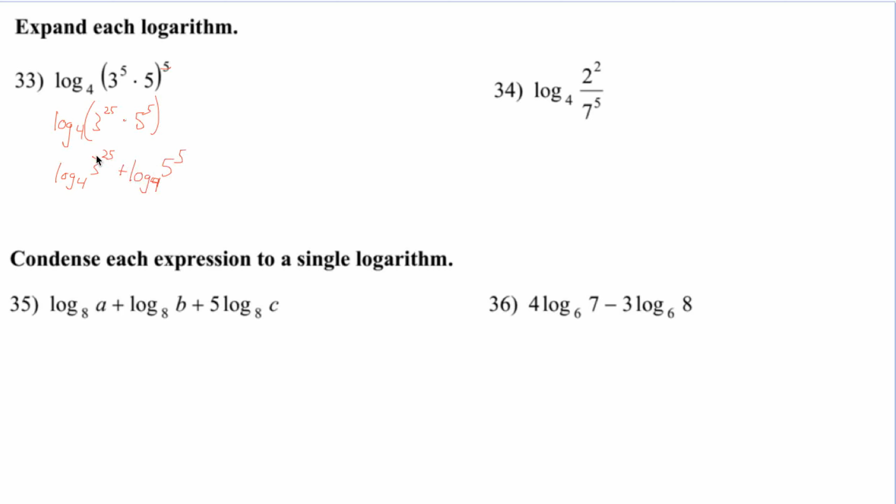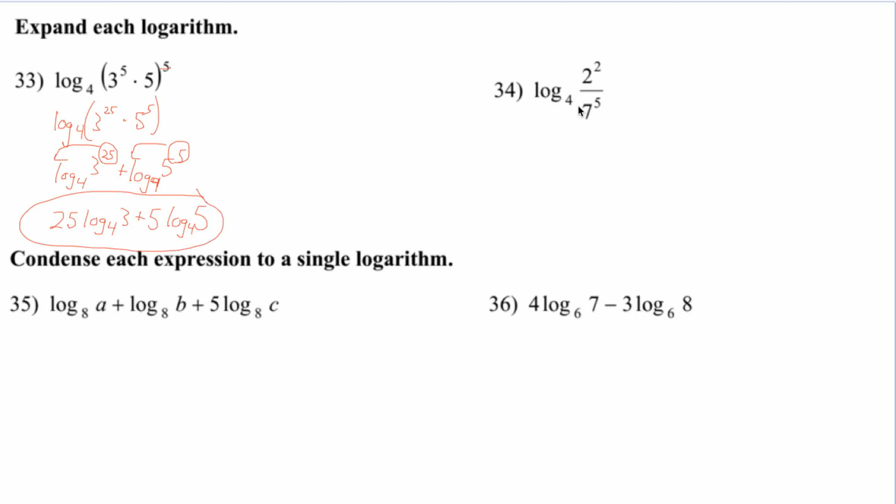And then we have the power rule that we talked about, which means we can move these two exponents out front. So our answer is 25 log base 4 of 3 plus the 5 comes out front, so 5 log base 4 of 5. And there's our answer for that one.